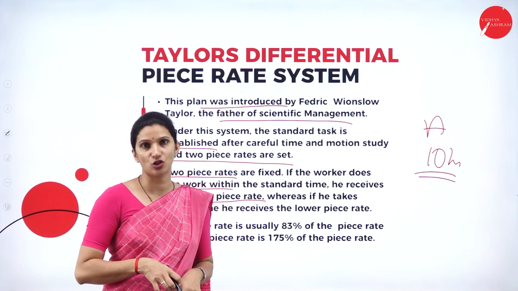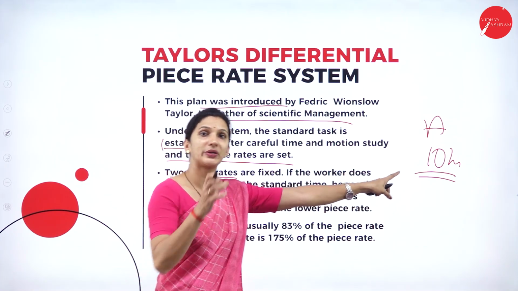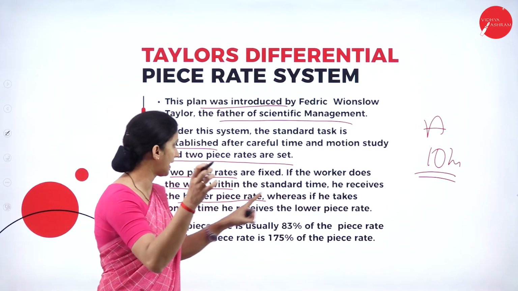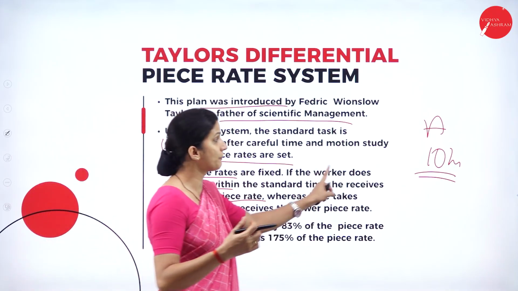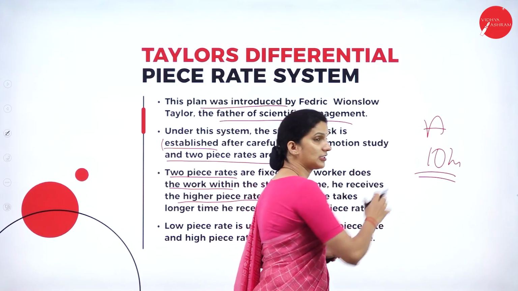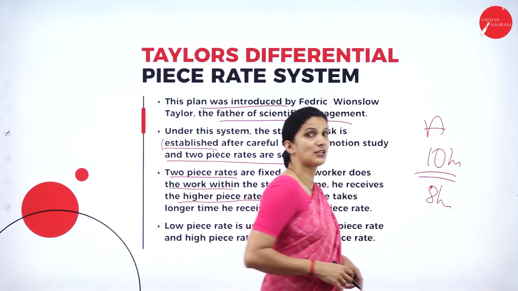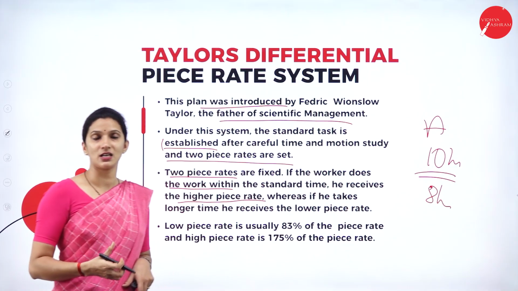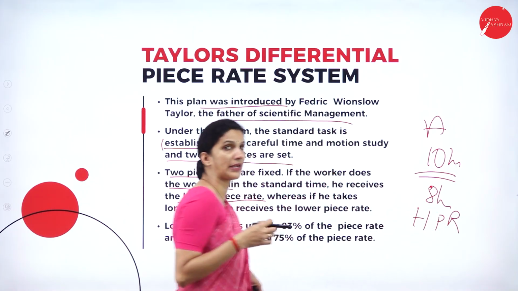After the actual work, suppose he completes that work within the standard time. At that time, he will get the high piece rate. Suppose, for example, worker A's standard time is 10 hours and he completes the work in 8 hours. That means he will get the high piece rate.